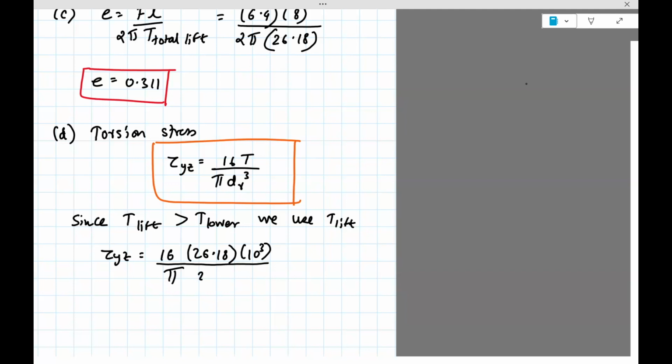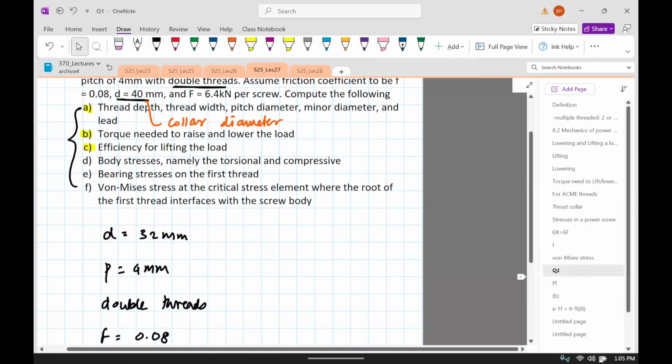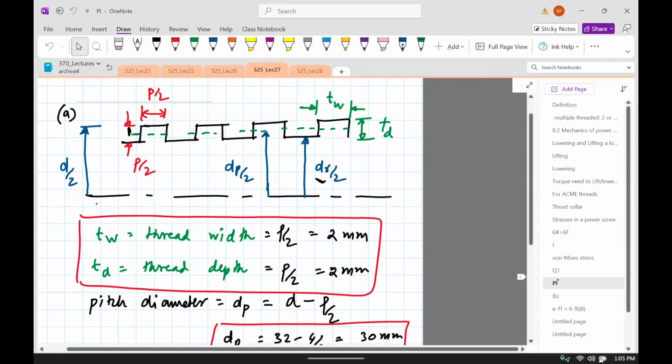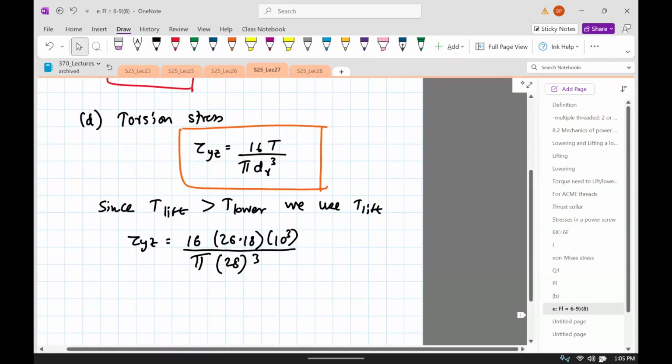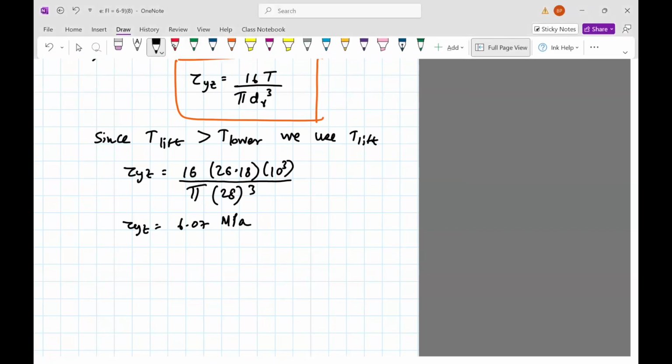So 28 cubed. So this is the minimum diameter. That's what we use, because minimum will give a maximum stress. So this comes out to be 6.07 megapascals.